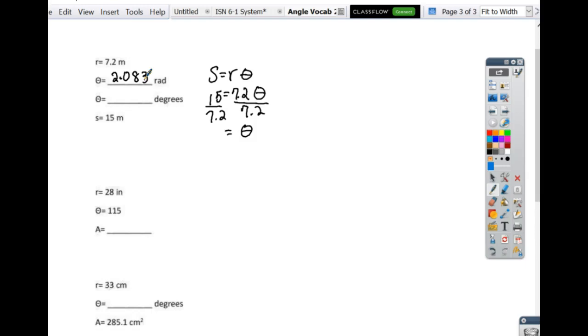How do I get from radians to degrees? Multiply by pi over 180, right? So I'm going to take this and multiply by pi over 180. Oh, 180 over pi, friends.